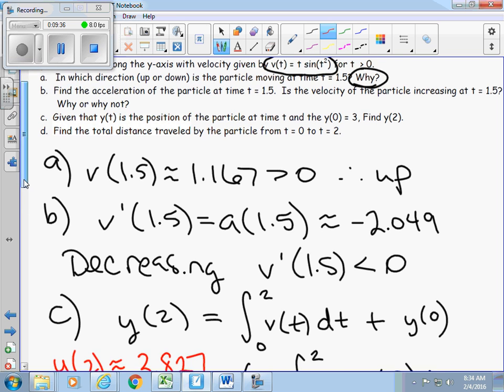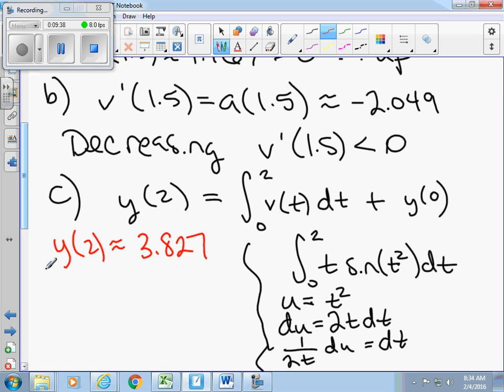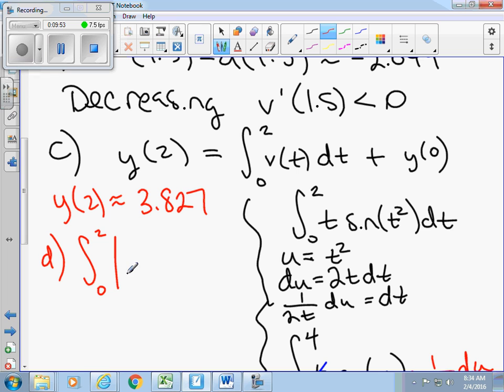Part D, find the total distance traveled. And you can really tell that this is a calculator problem, probably. Total distance traveled would be the integral. Where are we going from and to? 0. Absolute value of t sine of t squared dt.